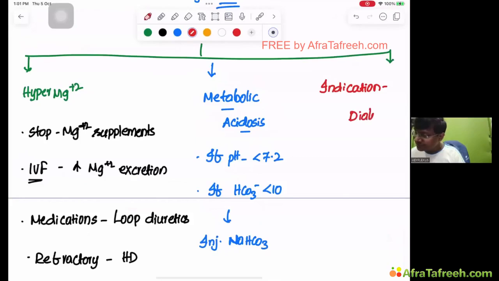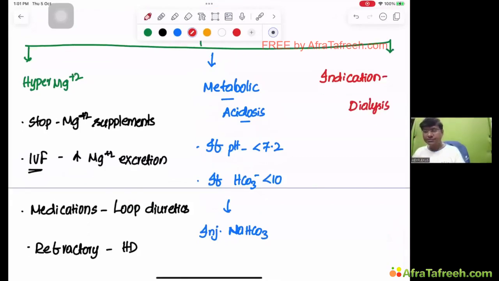So we don't give it for the higher values. That can be tolerated by the individual, and that can get auto-corrected whenever you are trying to treat the other parameters. Only when the pH is less than 7.2 and when the bicarbonate is less than 10, that is the indication to give sodium bicarbonate. Okay.